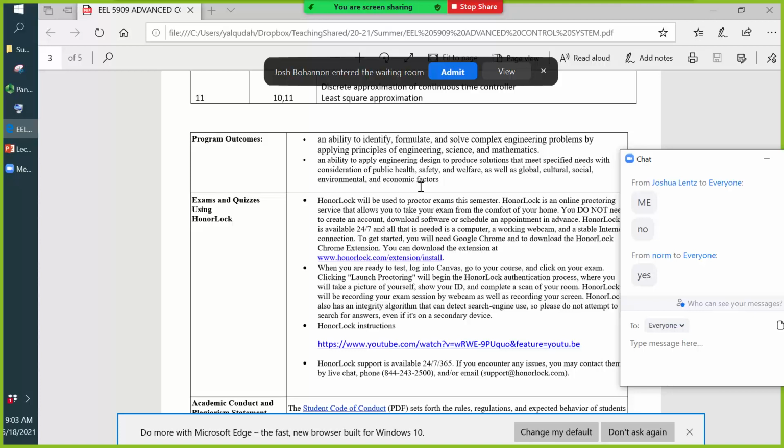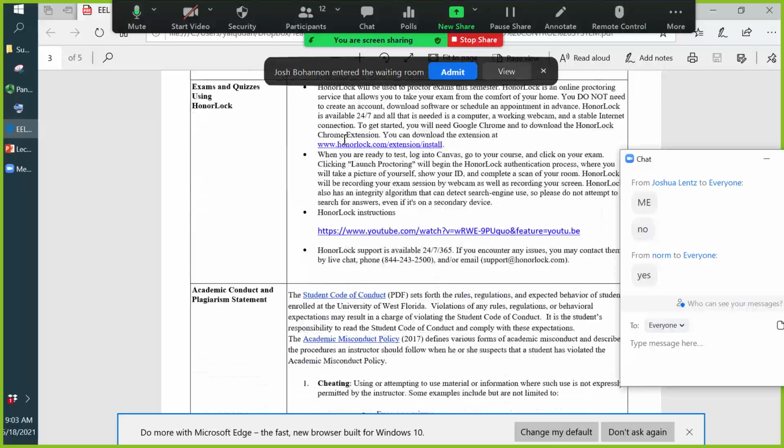I know we had some issues with it. Some students will have problems with it. If you have any issues before we start, let me know. And again, during the exam, hopefully we'll have a meeting. If you have anything, I'll try to help you move through it. Okay.